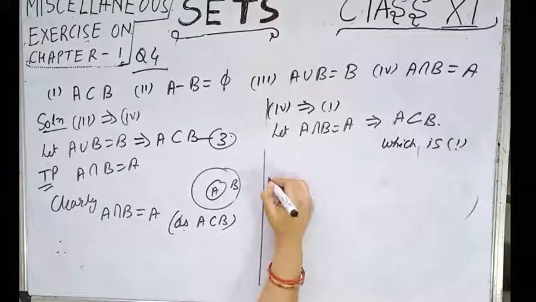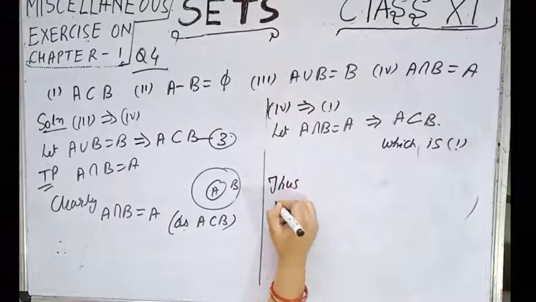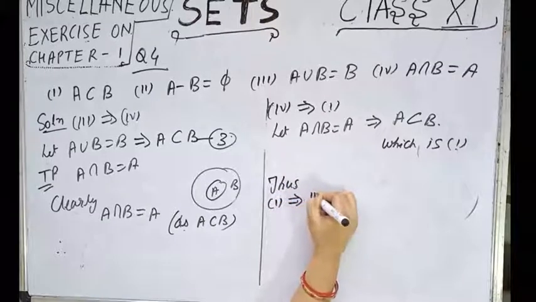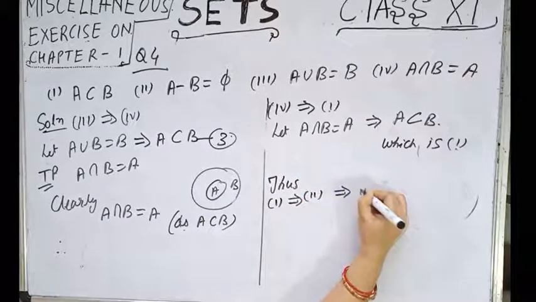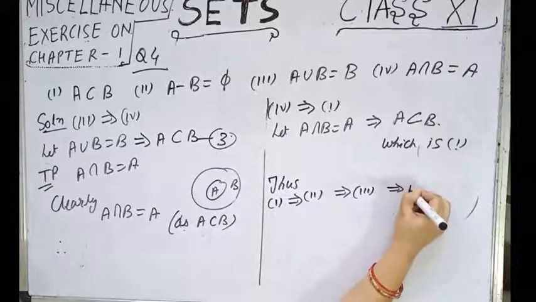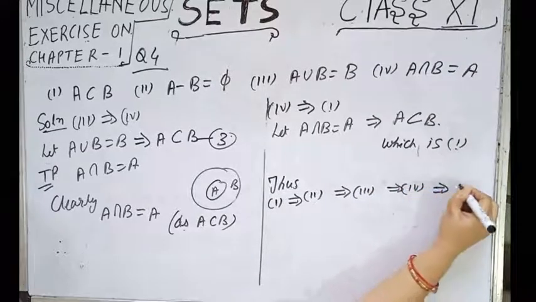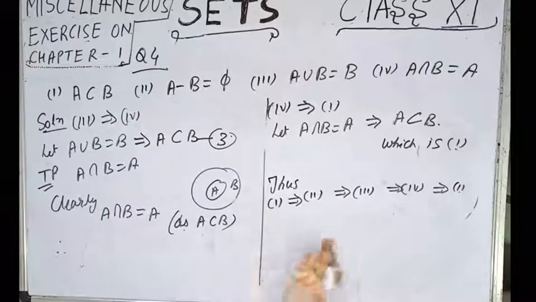So what we have got? Thus 1 implies 2, which implies 3, which implies 4, and which implies 1. So each is implying each other.